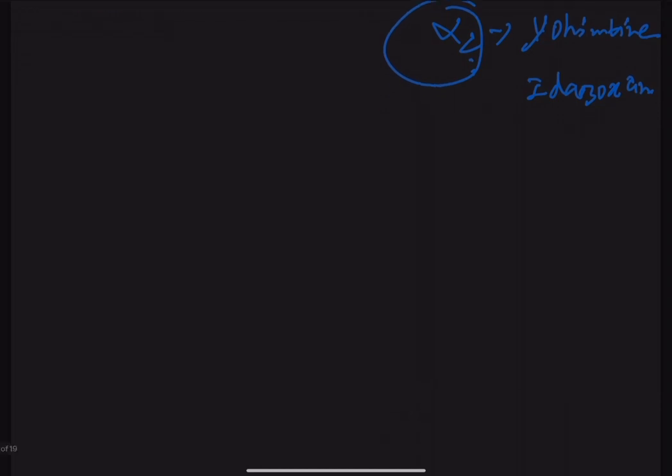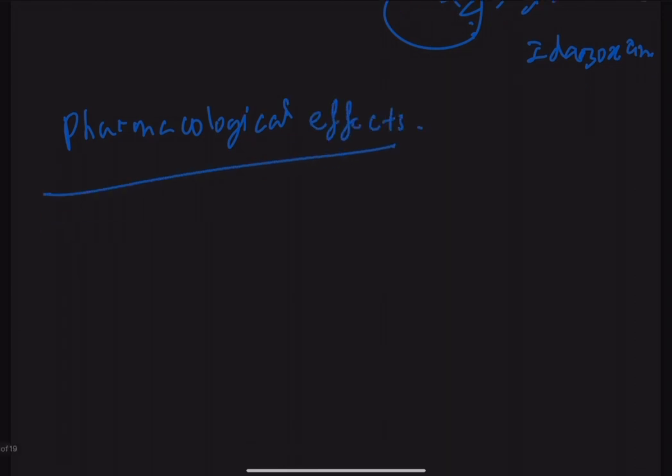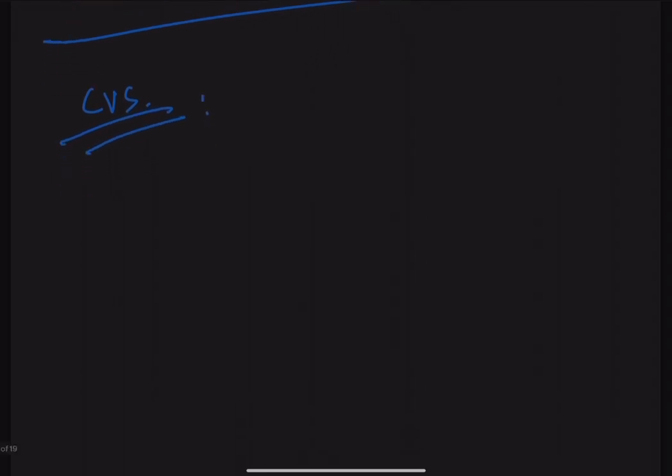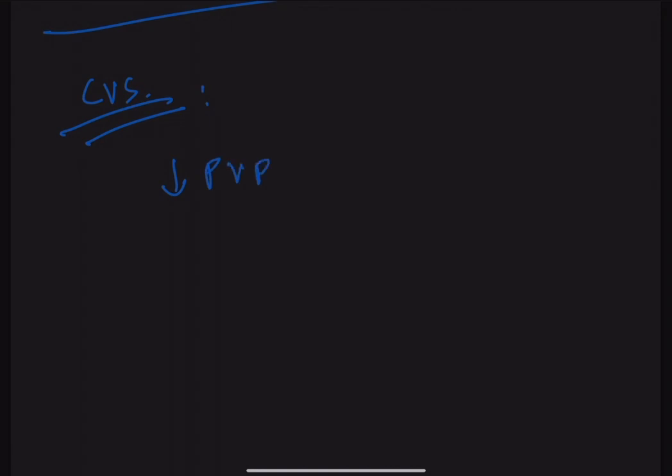So let's see what are their pharmacological effects. So if we talk about the cardiovascular system, at first, they decrease the peripheral vascular resistance. How they decrease the peripheral vascular resistance?